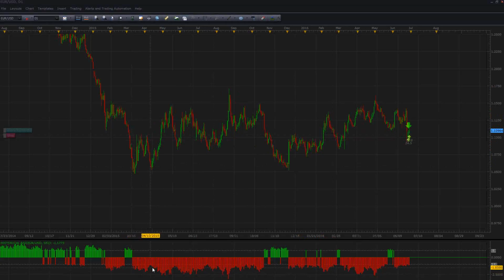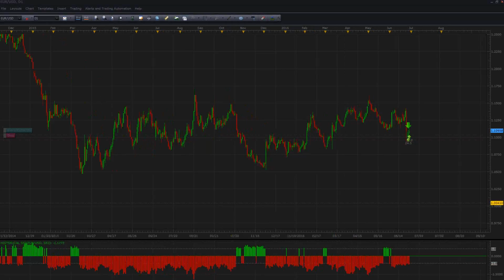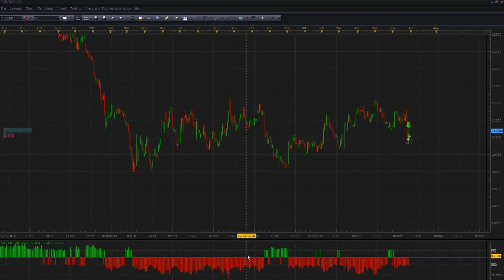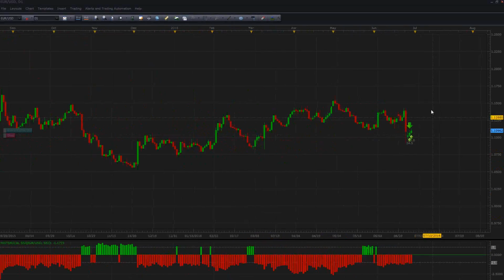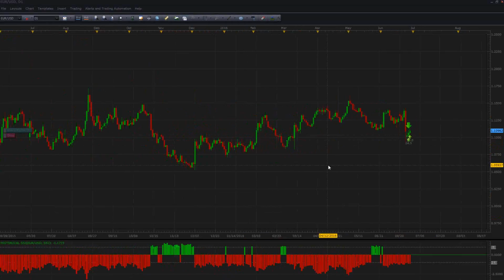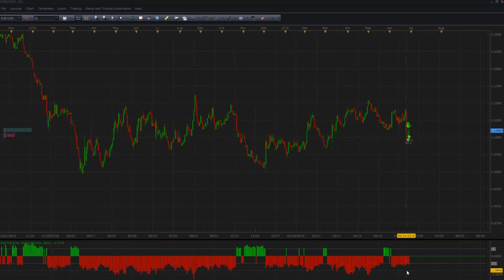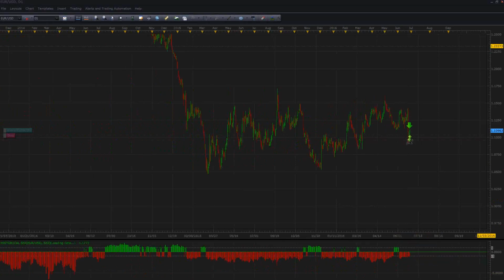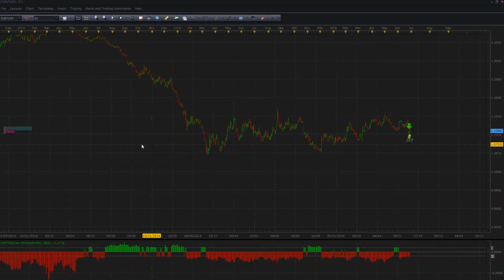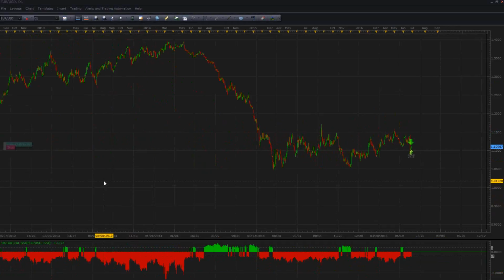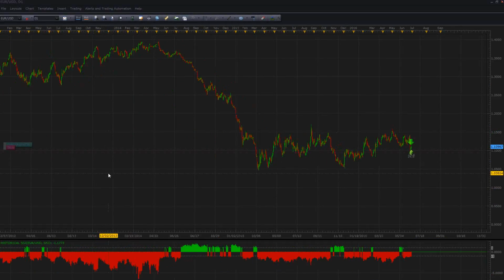When it's negative, people are short, SSI is short, and that tends to be a pretty good filter for being long. And when it's positive, people are long, so it's a good filter for being short. The interesting thing to me is that despite this drop from 114.30 all the way down to almost 109, retail never flipped. There's such a bias to the short side for euro.